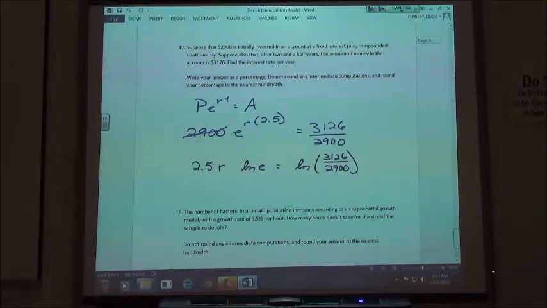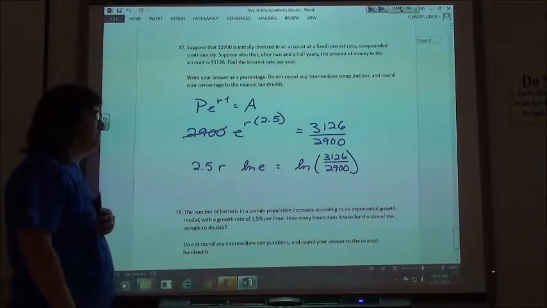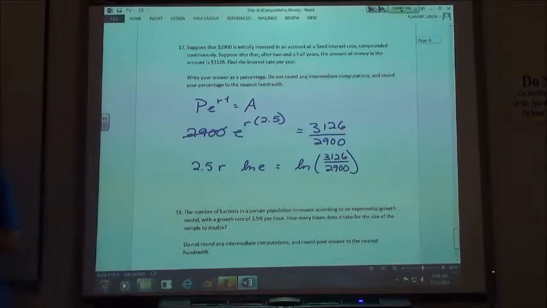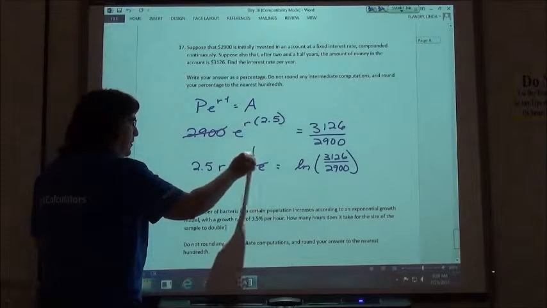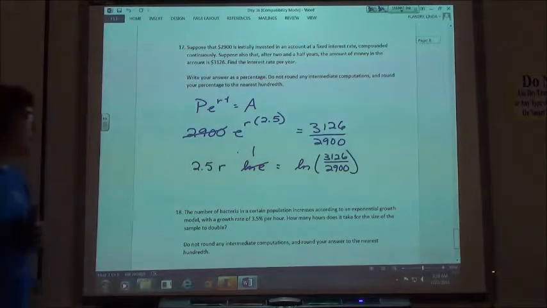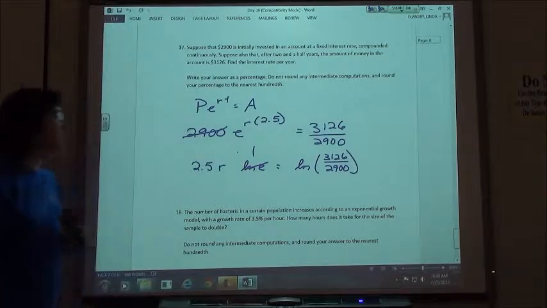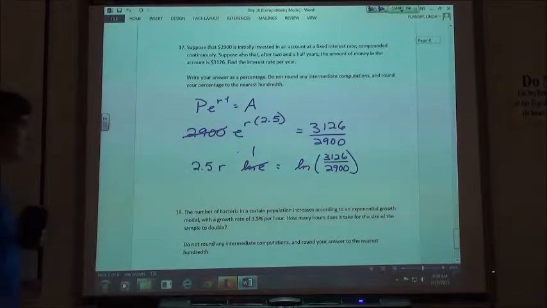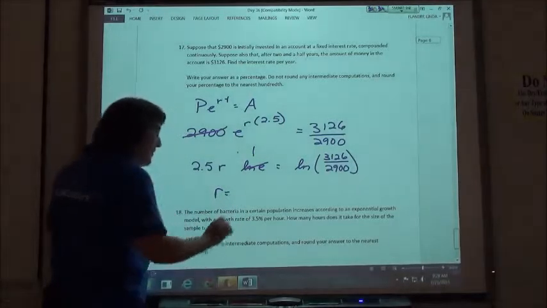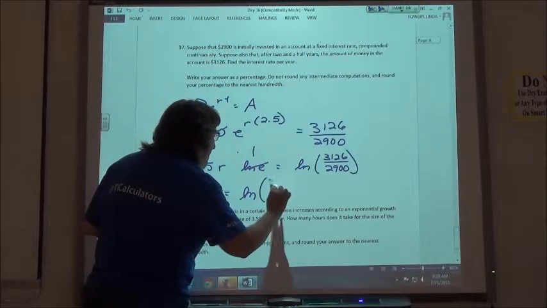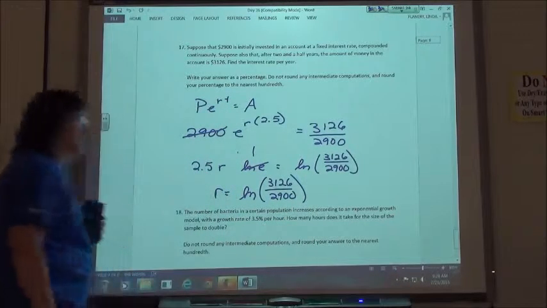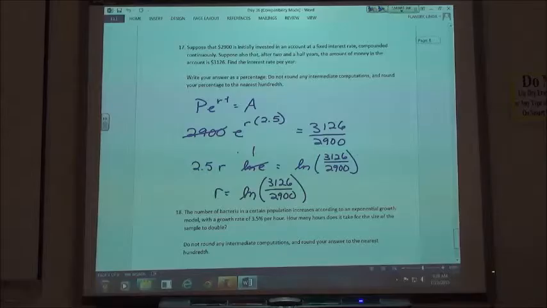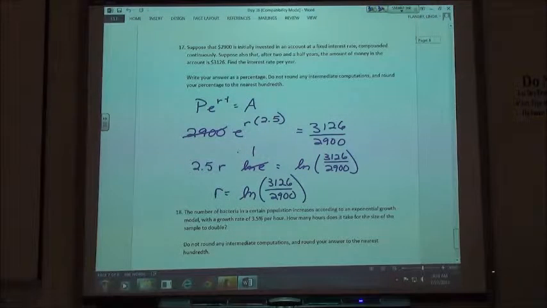We can then, natural log of e is equal to 1, so we can basically get rid of that. And in order to solve that for r, then we're going to take the natural log of our 3,126 over 2,900 divided by our 2.5, right?